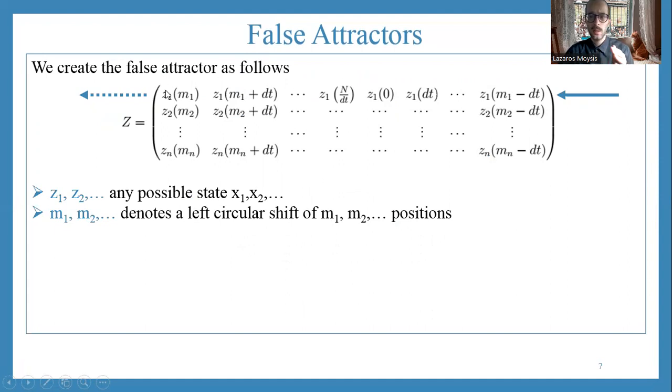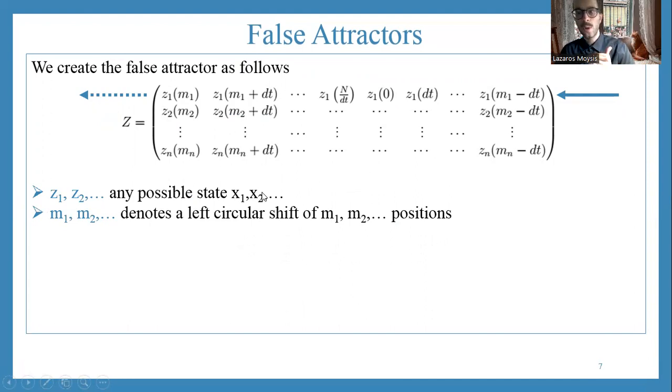We perform a different circular shift in each state, and we also consider any different combination of states. That's why I have here Z1, Z2, Zn. Here Z can be any combination of states. We can consider the original states or have some duplicate of a single state. And for each individual state, we perform a left circular shift.